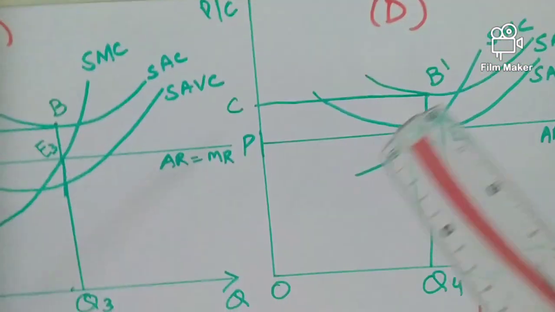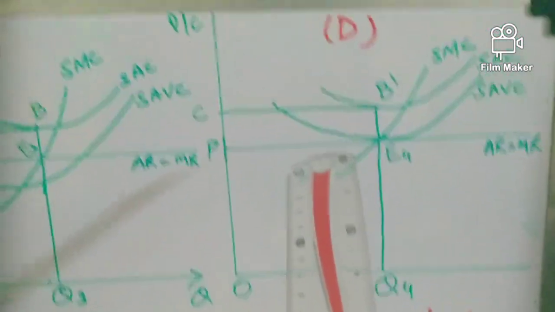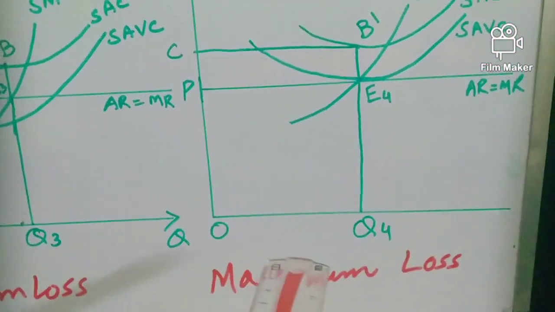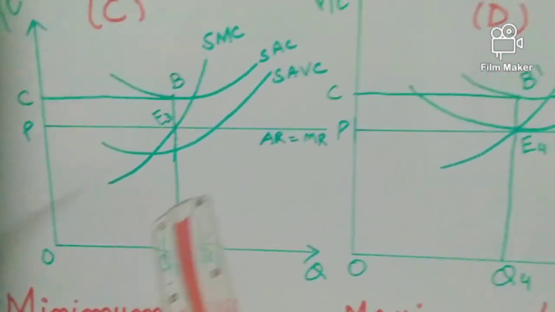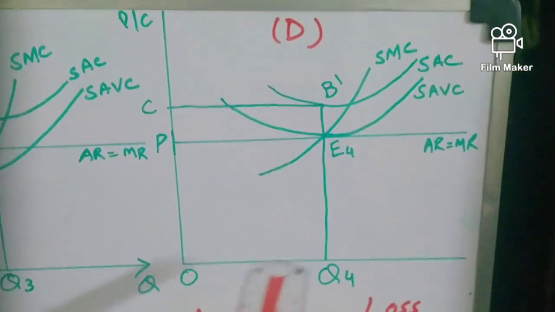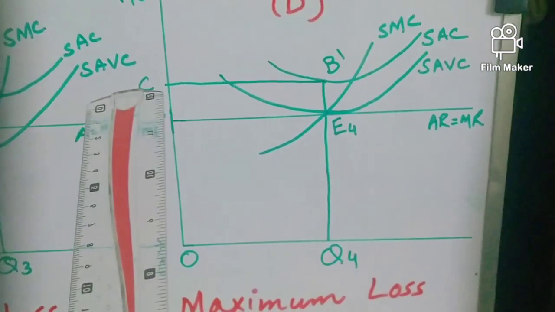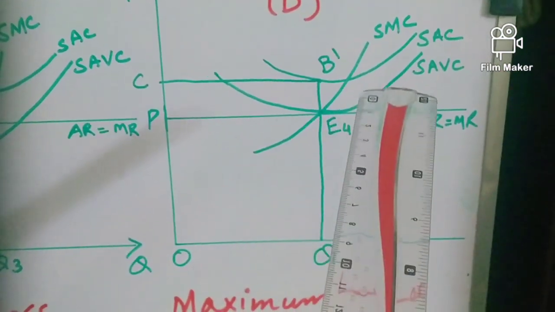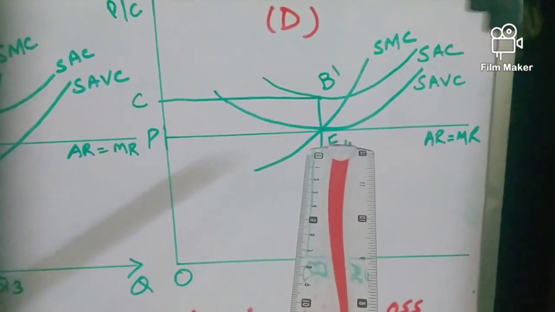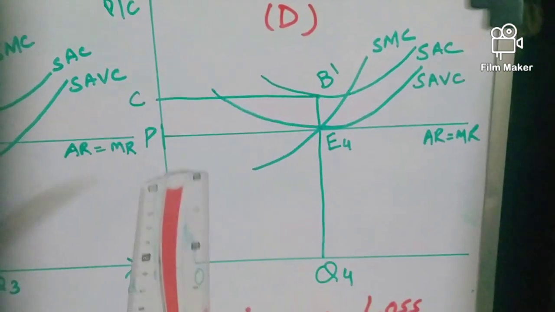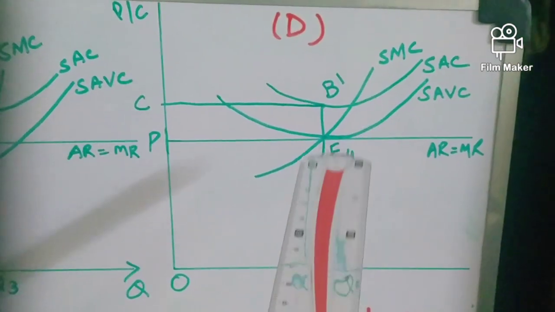Now, in part D of the figure, I have drawn the fourth case, which is maximum loss. In part C, the firm minimizes the loss, but in part D, the firm will have to face the maximum loss. It means that the firm will cover just its average variable cost, not fixed cost, when price decreases to the level of average variable cost. If price falls below P, the firm will have to close down.